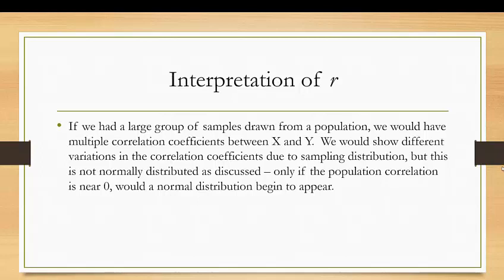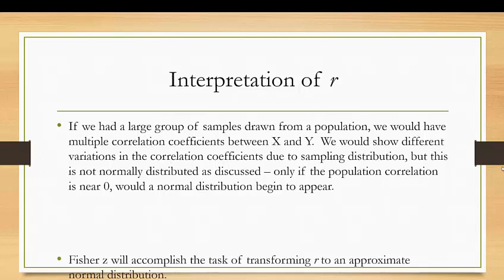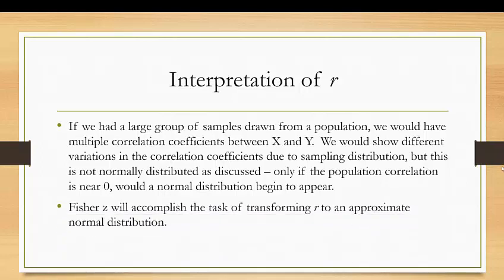Okay, so we have to fix this fact that our correlation coefficients are not normally distributed, because if they were, there would be no correlation. So a statistician by the name of Fisher came up with what we call the Fisher Z, and what it does is it transforms our correlation coefficient to an approximate normal distribution. And we can look at the Fisher Z at that point.